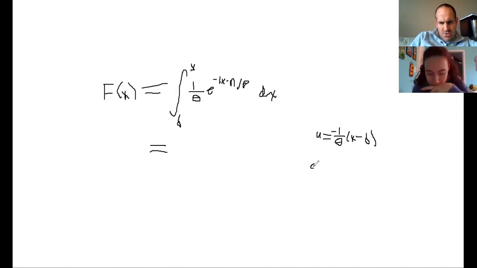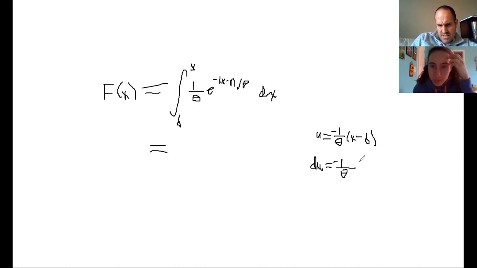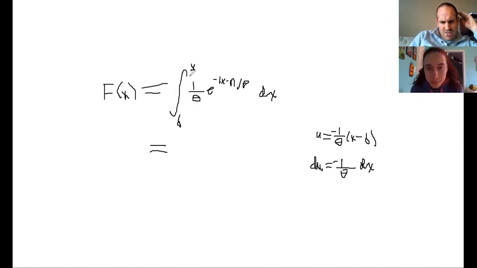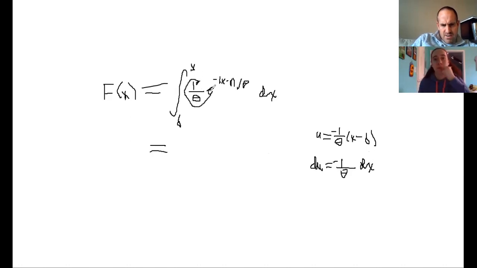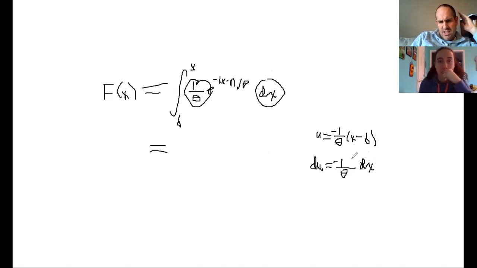So then du was negative 1 over theta dx. That's almost what this is: you have a 1 over theta right here and a dx here, but you need it to be negative.